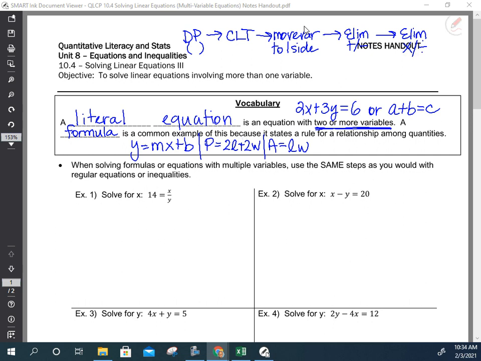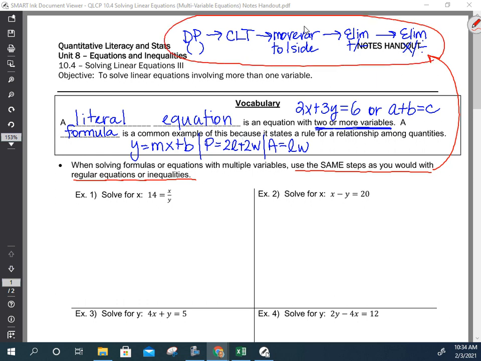Plus side, you use the same steps as you would with regular equations. So these steps up here still get used. If you see parentheses, you'll get rid of them. If you have like terms, you combine them. If you see adding, you subtract.